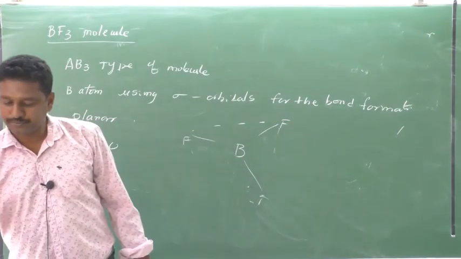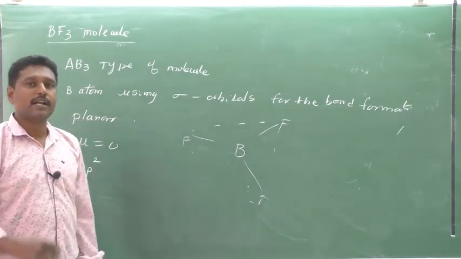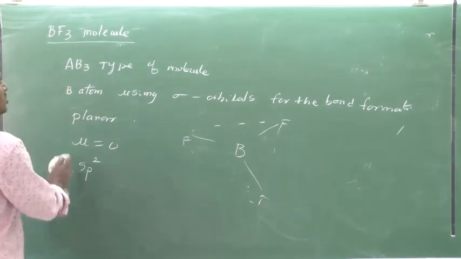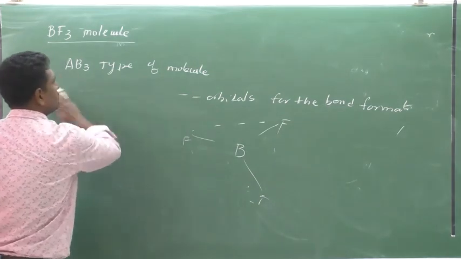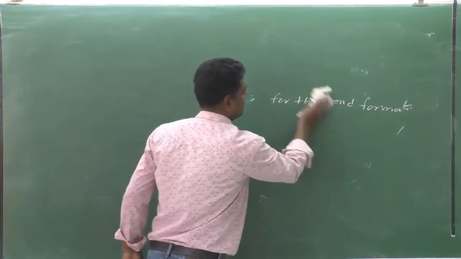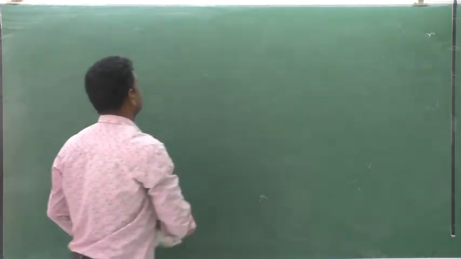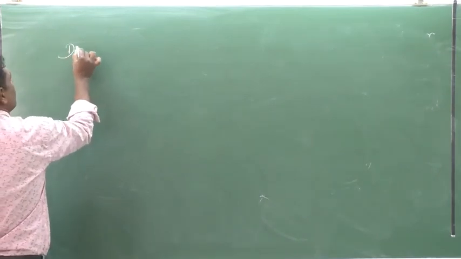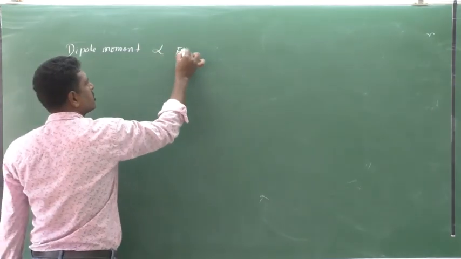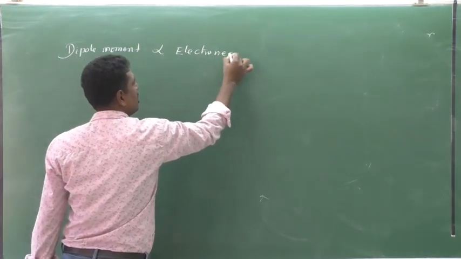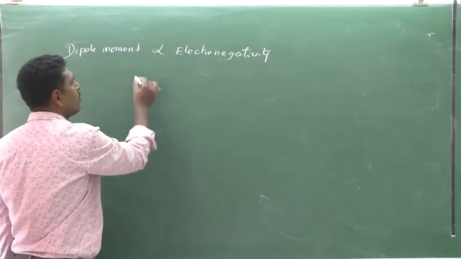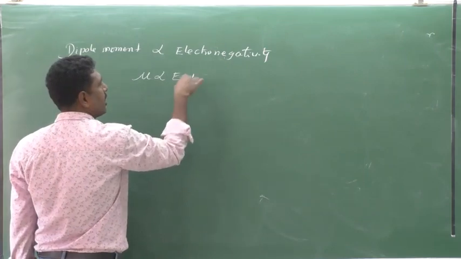After that, dipole moment is directly proportional to electronegativity, so this is also one of the points. So mu is directly proportional to EN.